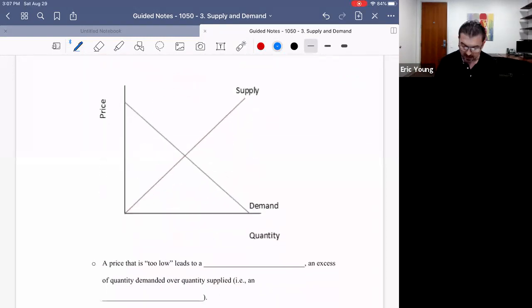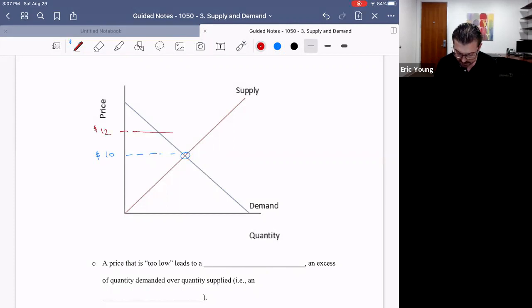It's going to look like this. Let's start off with what equilibrium is. Let's just say that hypothetically the equilibrium price in this market is $10. Let's say that sellers don't know that, so they're selling at a price of $12.